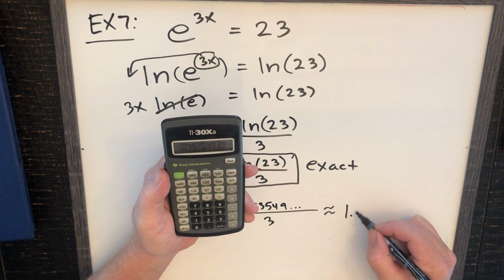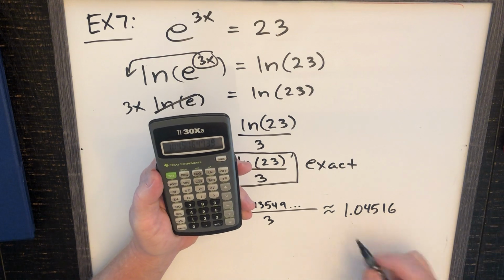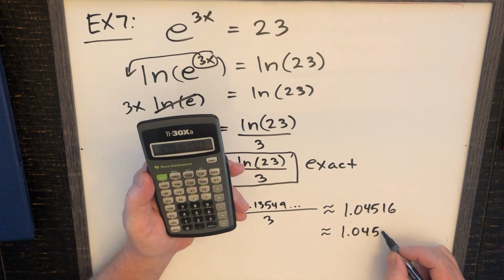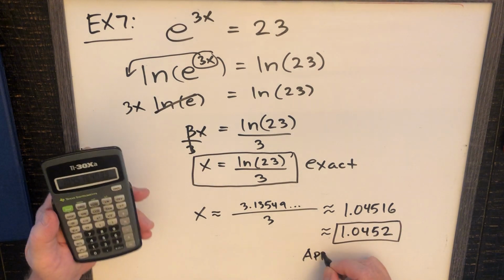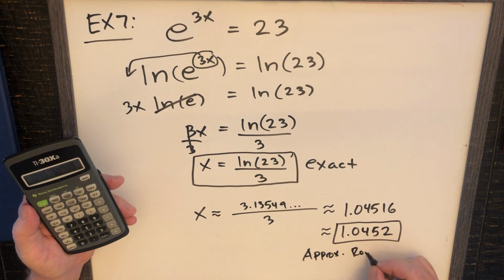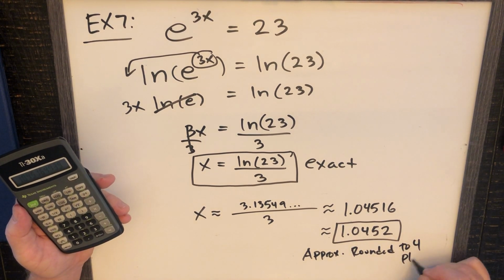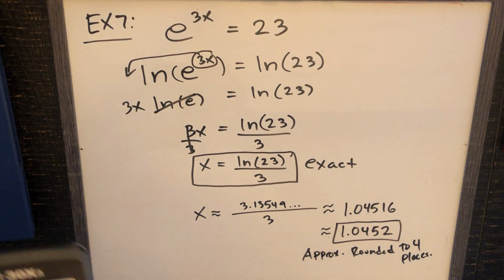And that gives us 1.04516. Rounded to 4 decimal places would be 1.0452. You can all see that. Okay, good.